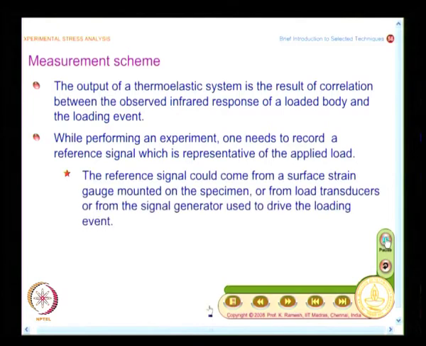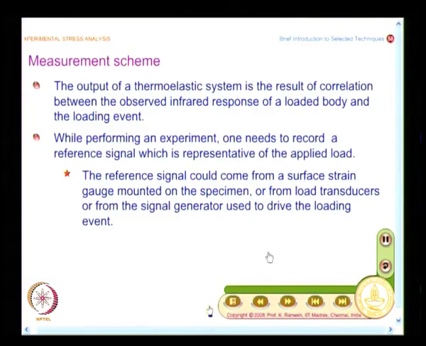And what I find here is the reference signal could come from a surface strain gauge mounted on the specimen, or from load transducers, or from the signal generator used to drive the loading event. So, I need a reference signal, I need to have a correlation between the loading event and the recording phenomena.